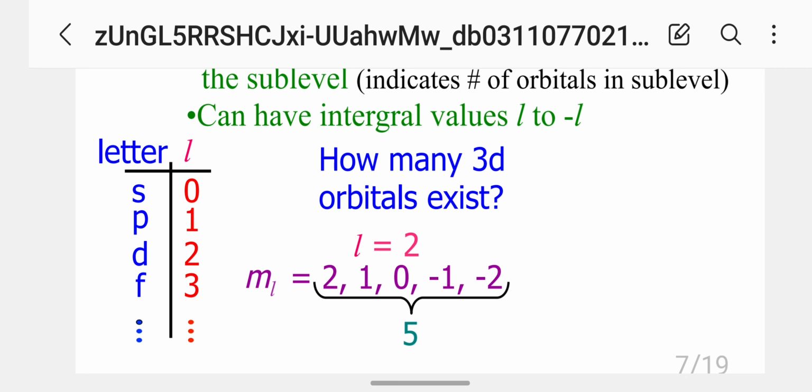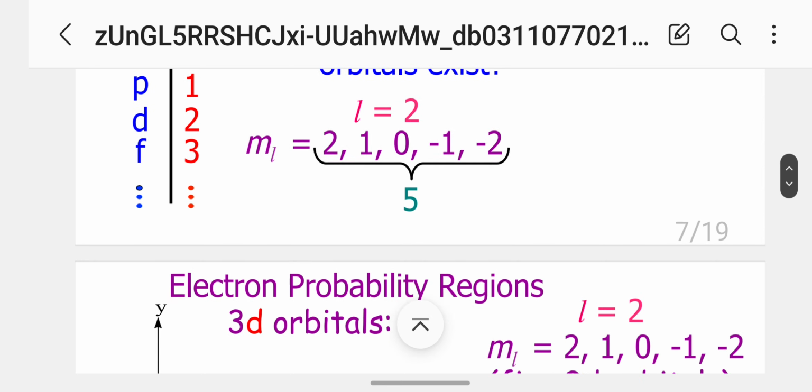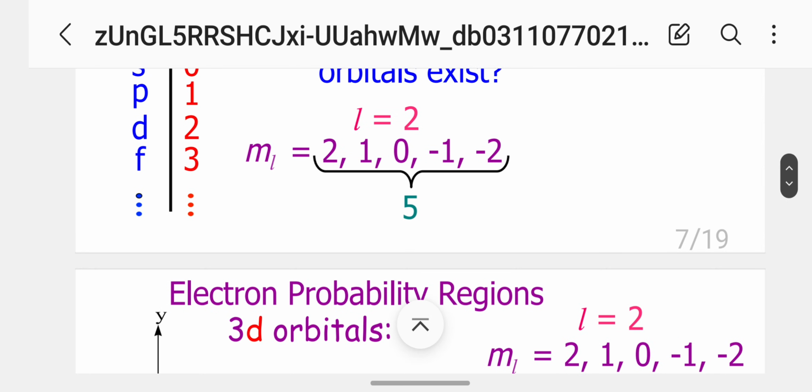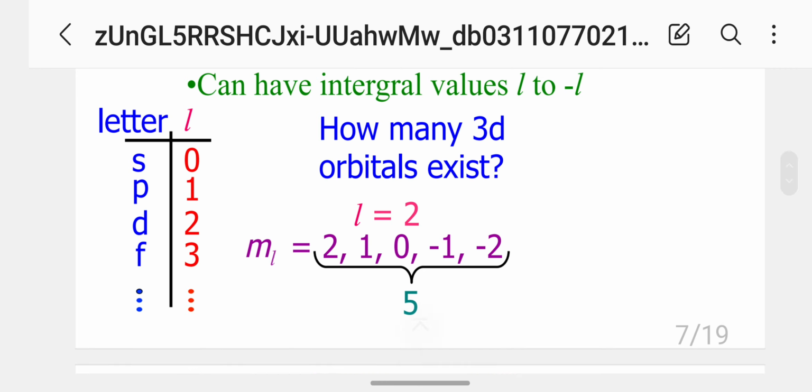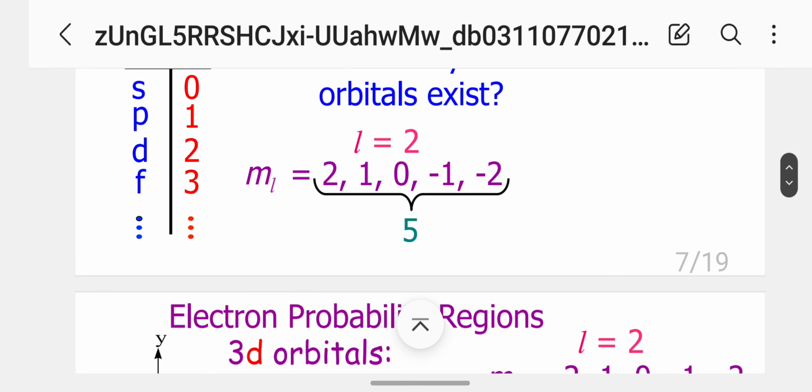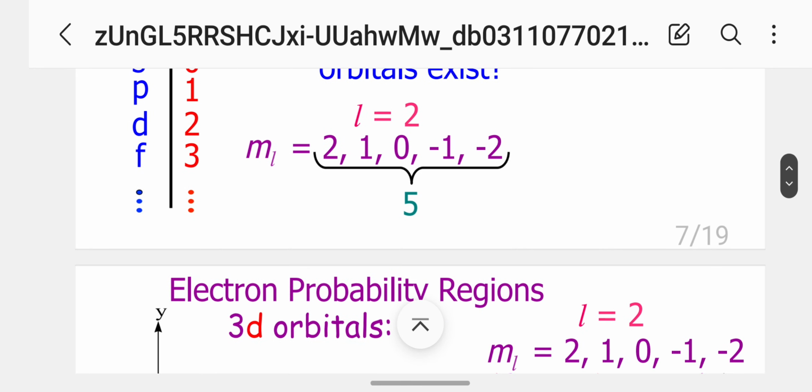So according to magnetic quantum number, we have 1, 2, 3, 4, 5 orbitals of 3D. We have 5 orbitals of 3D level or energy level that exist, which is according to L equals 2.